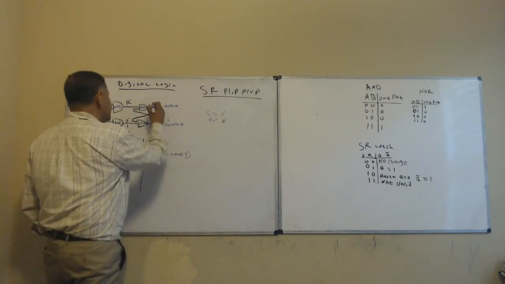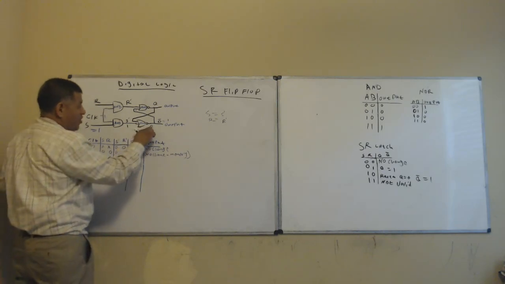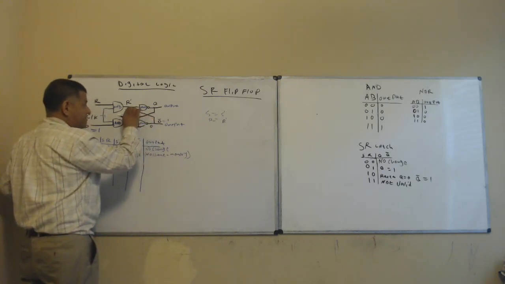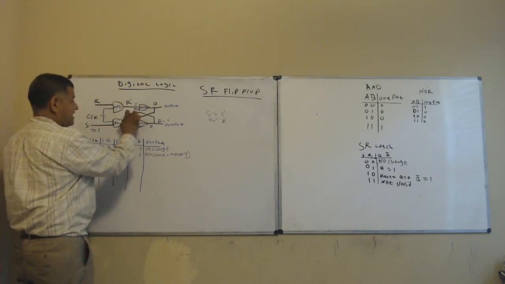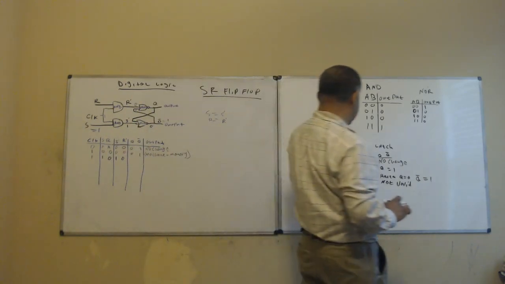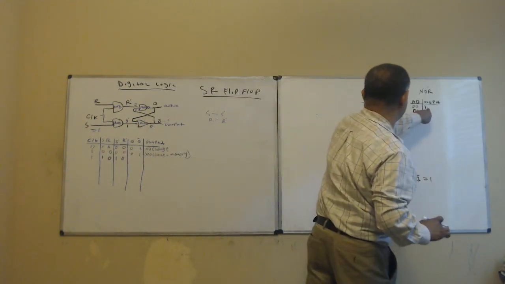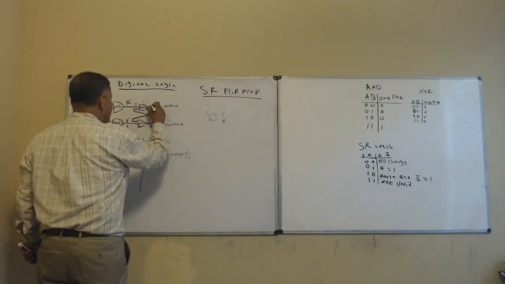Pay attention to this: when this 0 comes over and feeds this 0, the 0 and 0 make this statement true, which is 1.